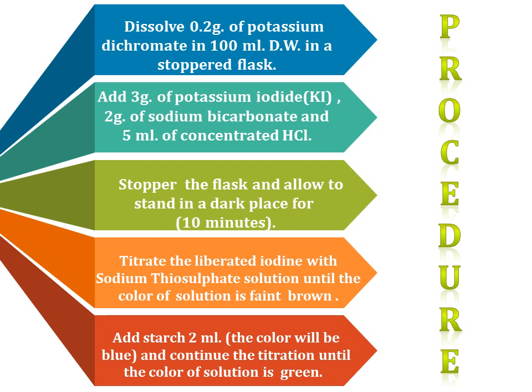But in this experiment the end point is green, due to the formation of chromium trichloride. These CrCl3 salts are green in color, so the color of the solution at the end point is green. Stop the titration and calculate the normality.